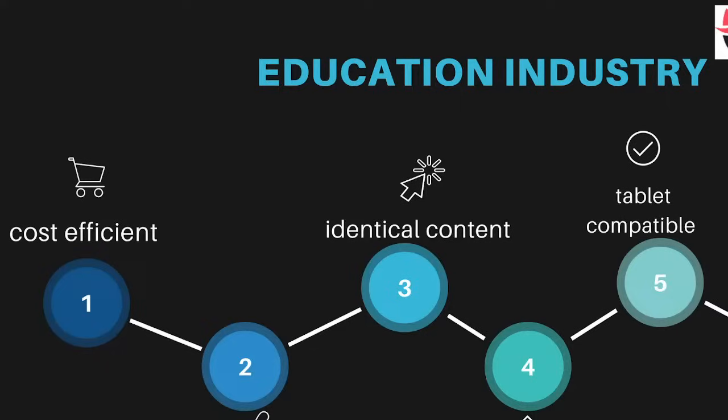Identical content, quality type of learning can be gained, along with tablet compatibility and learning management systems. Basically in the education industry you can develop applications like a college management system, or marks and attendance tracking. All these are the various applications we can implement in the educational industry.